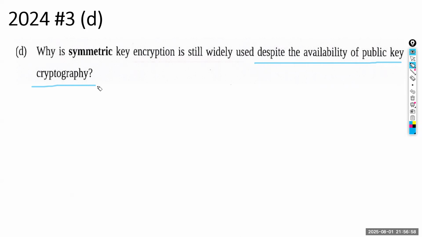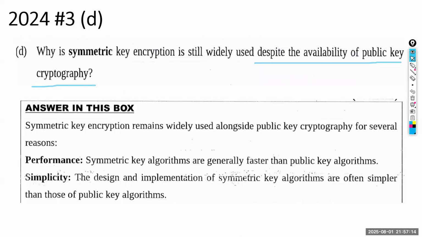We simply use symmetric key because it's efficient, simple, and good enough when we have trusted senders. Because the decryption is the reverse of the encryption. Performance, simplicity, right? But yes, limited usages.